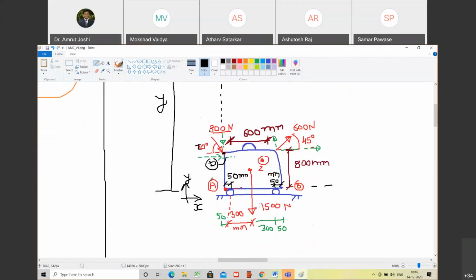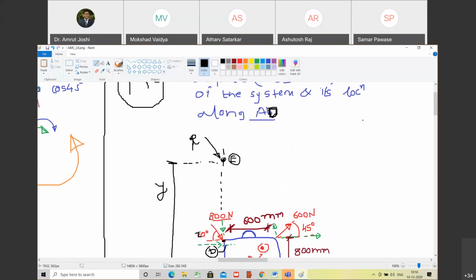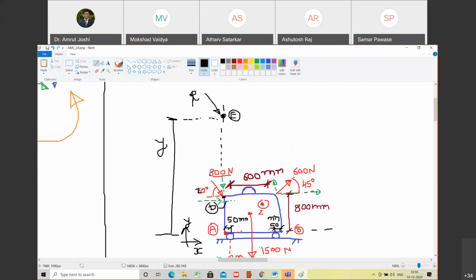Okay, so now for benefit of the class, let us do it step by step. So now 800 cos 20 is its horizontal component. Do you agree with me? Yes, sir. And what is this distance up to E from A? It is y. Yes, sir. And it is going to produce anti-clockwise moment about E, horizontal component of 800.